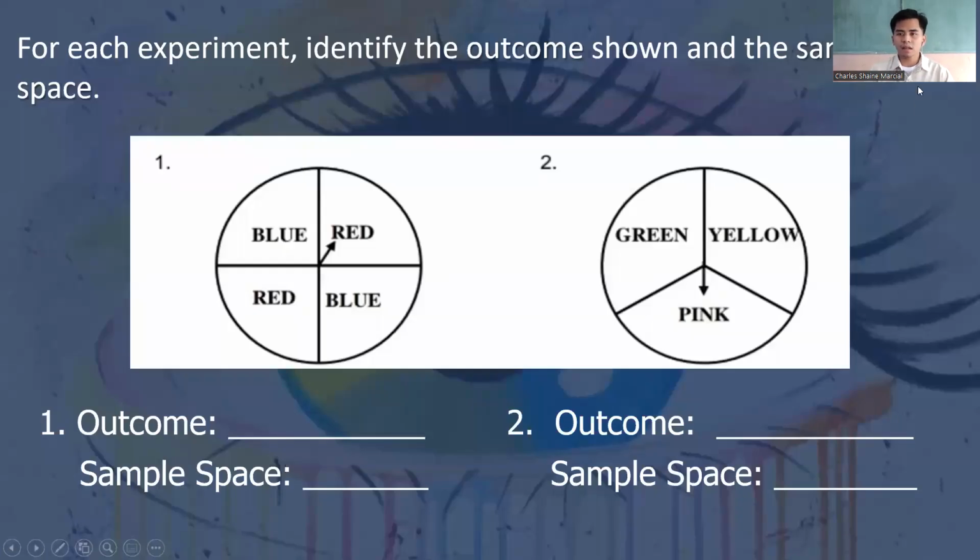Right. Next activity. So we have to identify the outcome shown and the sample space. So dito hanapin lang natin yung outcome and yung sample space niya. So dito, since meron tayong nakikitang arrow, ibig sabihin ito na yung outcome natin. So our outcome is red. Alright? Our outcome is red.